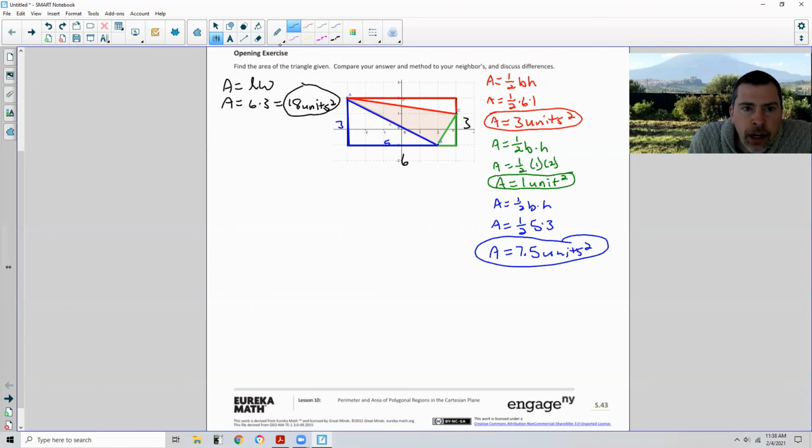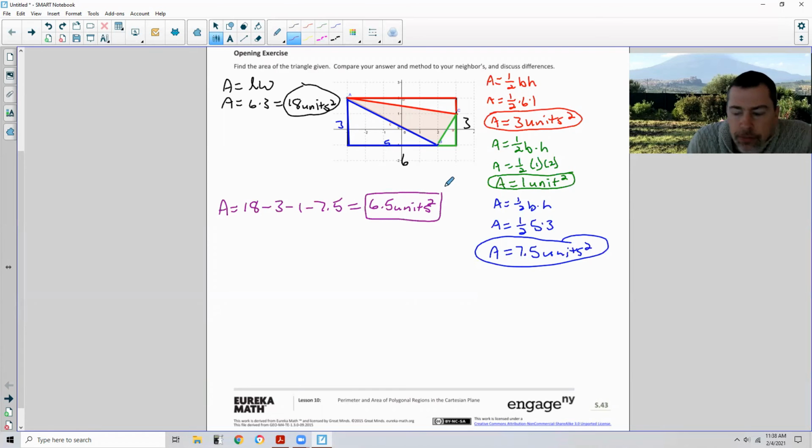So to finish this off now, the area equals the rectangle's area minus all of the triangles. 18 minus 3 is 15, and minus 1 is 14, and minus 7 is 7, and minus another half is 6.5 units squared. So this is our final answer.